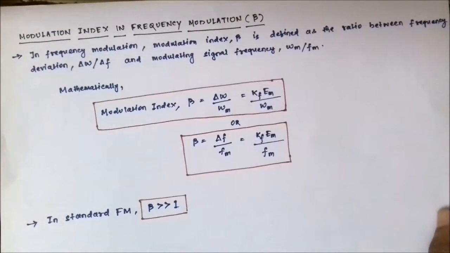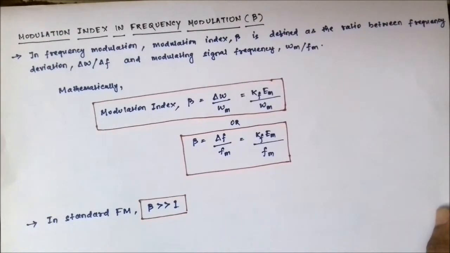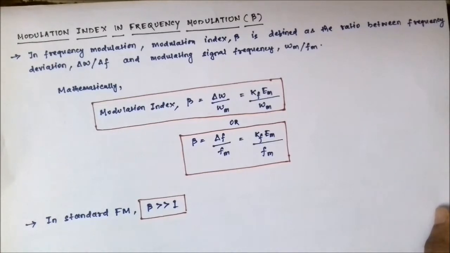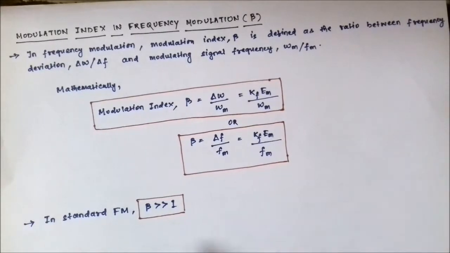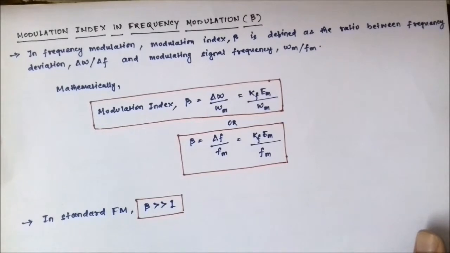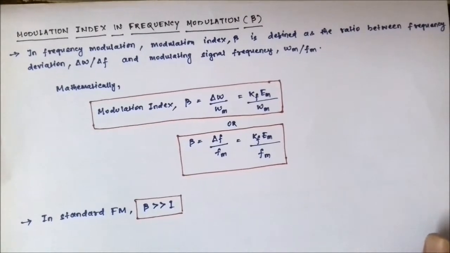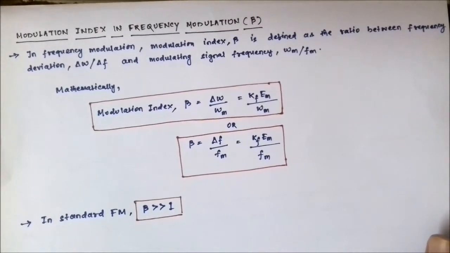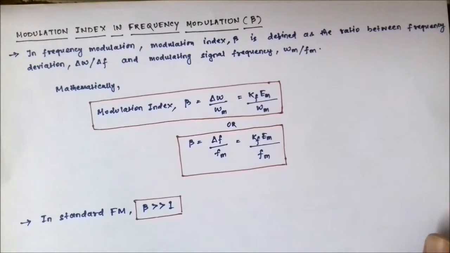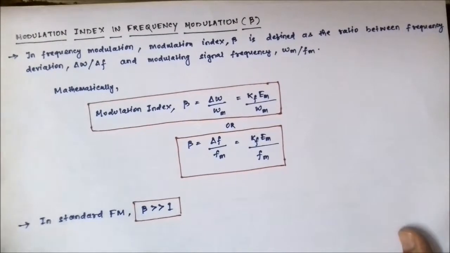Well, in amplitude modulation, 100% efficiency was never exceeded, the index was not greater than 1, while in frequency modulation it is greater than 1. So this is the modulation index formula for a frequency modulated signal, the ratio between the frequency deviation and the modulating signal frequency.